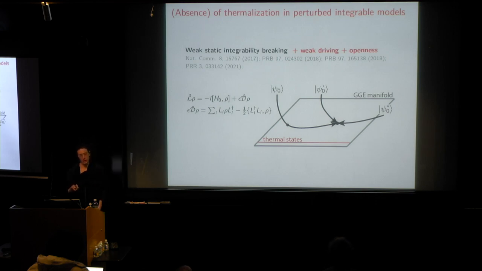In such an open driven dissipative system, we again have a steady state fixed by the baths. But the interesting part is that this steady state is not of arbitrary form, but can at least be approximated once again via a generalized Gibbs ensemble.